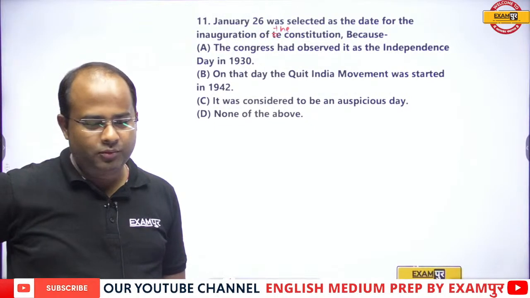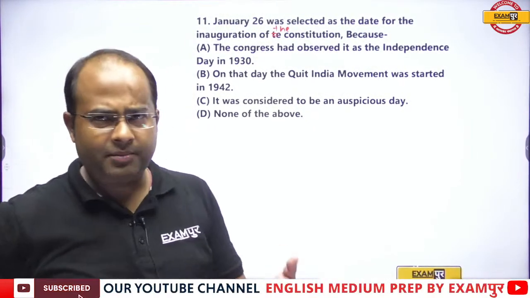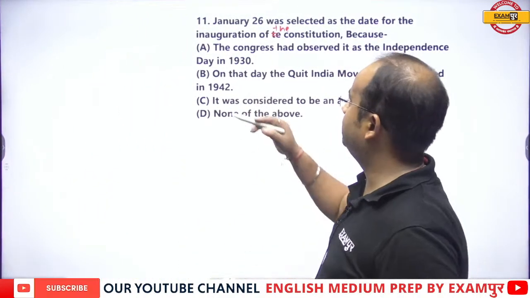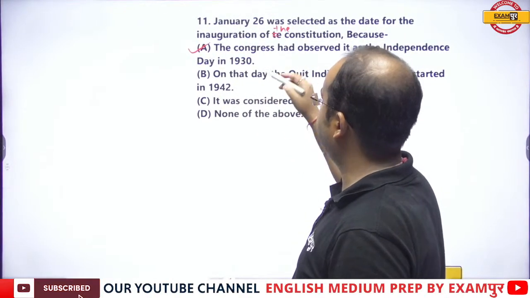Okay guys, why was 26 January selected for the inauguration, that means the Constitution became fully implementable? Because the Congress had observed this day as Independence Day in 1930.